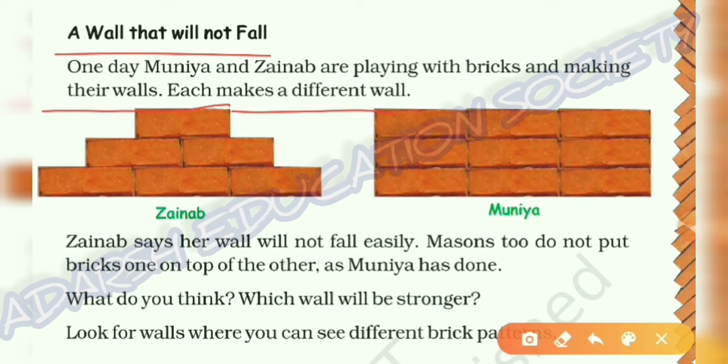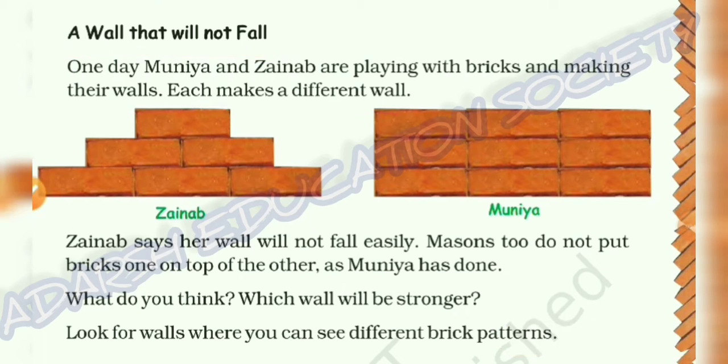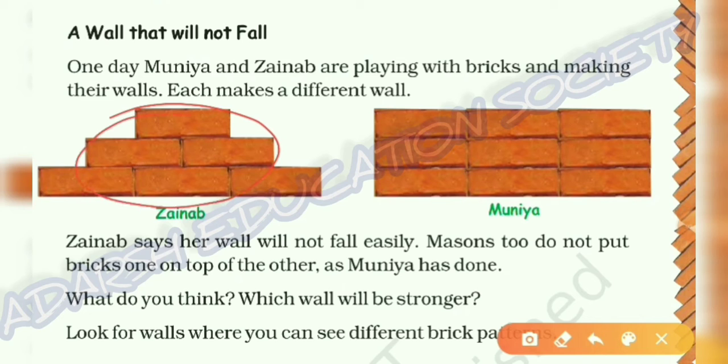Each one forms a separate, different wall. Here in these pictures we can see both of the walls, made by Zainab and Munia. We can clearly see the difference between both the walls.